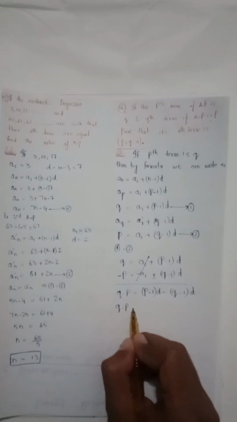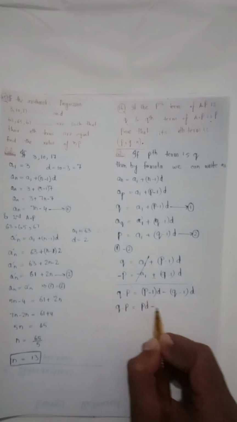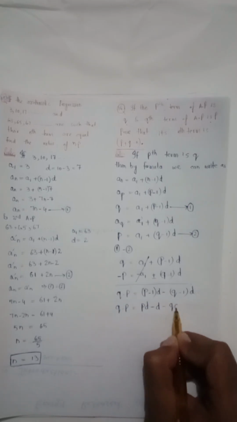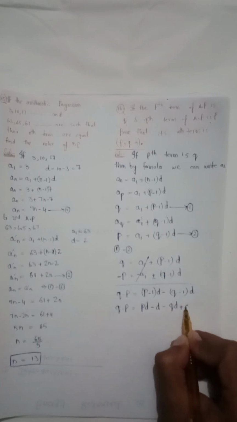Q minus p equals pd minus d minus qd plus d.